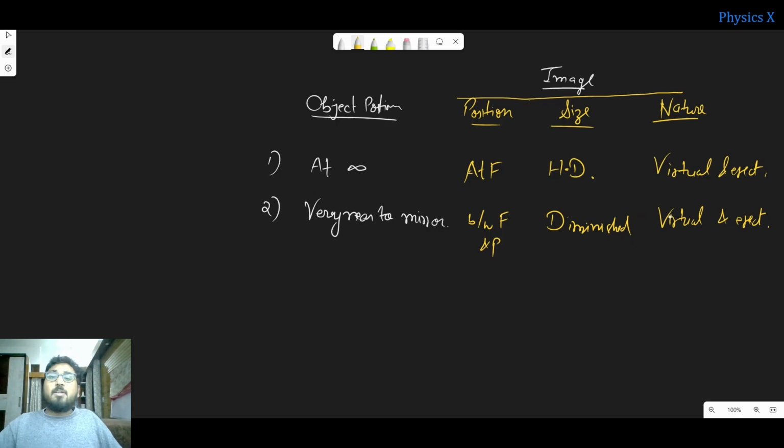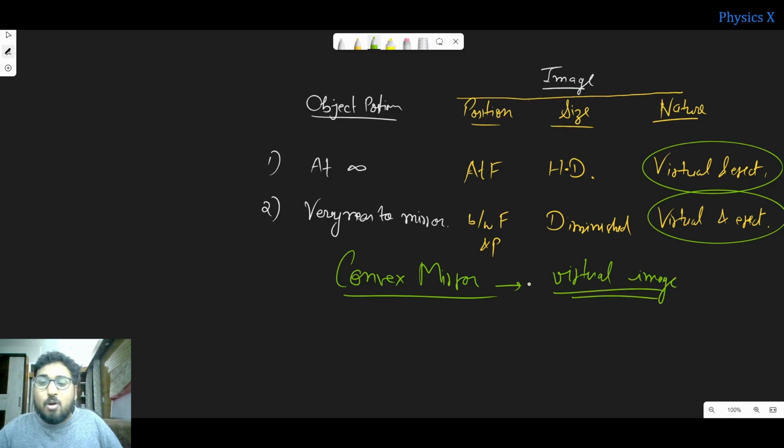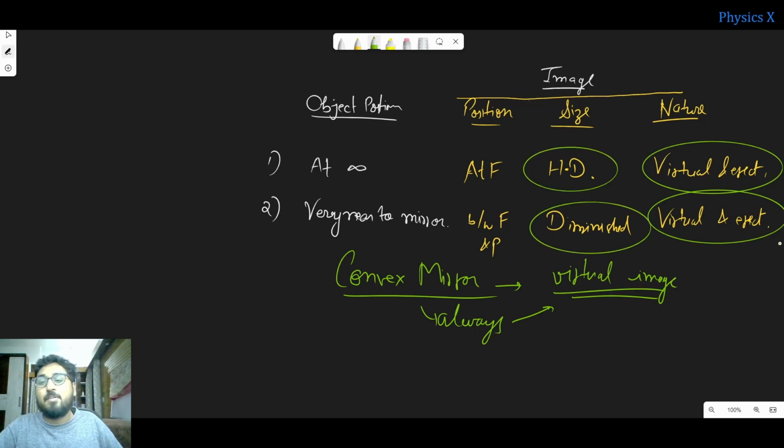Now we can observe that a convex mirror will always form a virtual image. This is important: a convex mirror always forms a virtual image, and the size is always diminished.